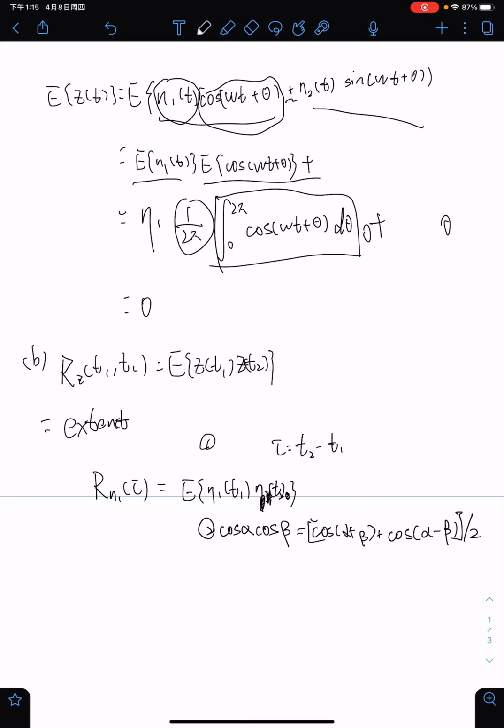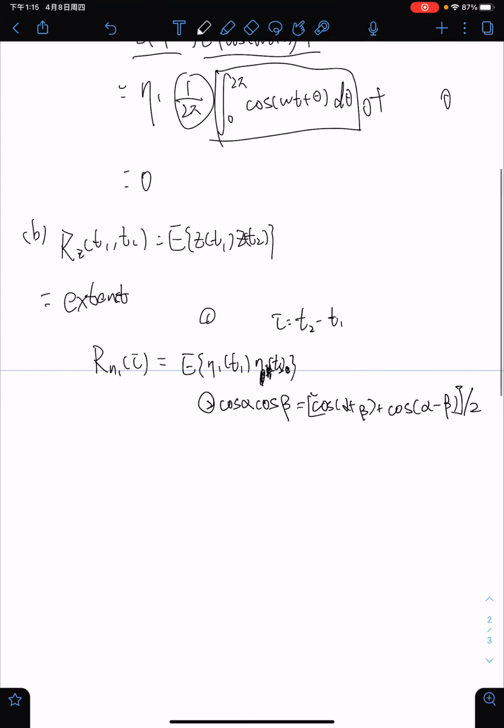And with these 2 points, we can calculate the result.